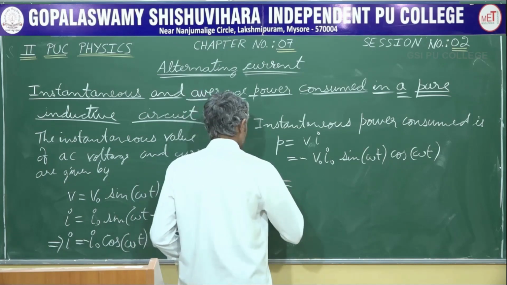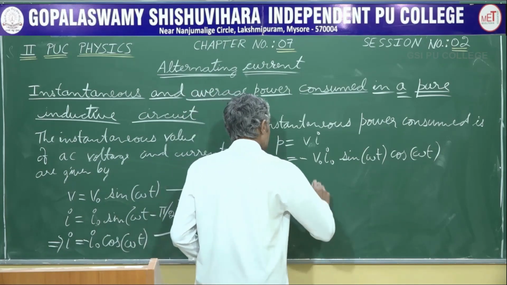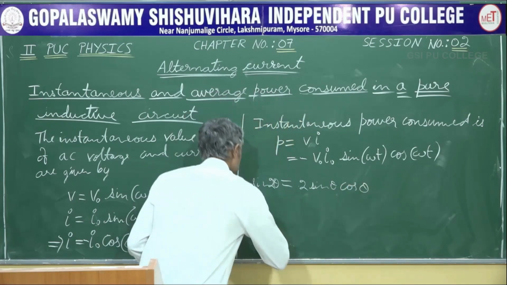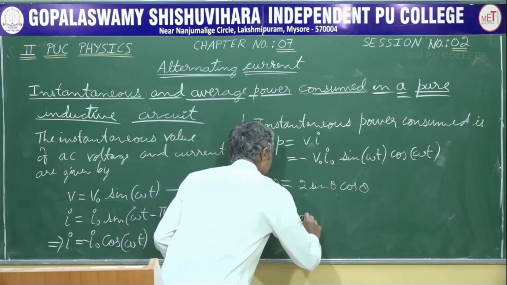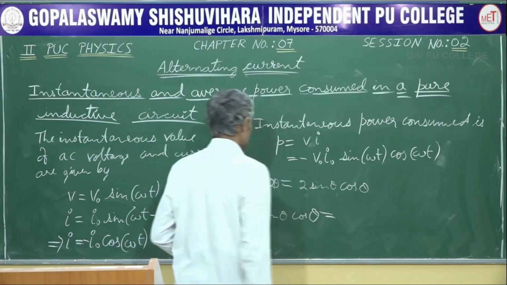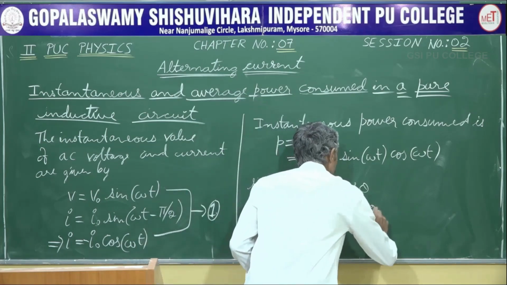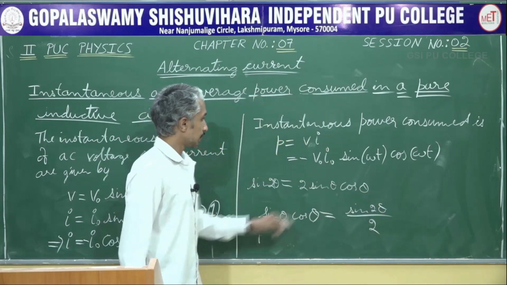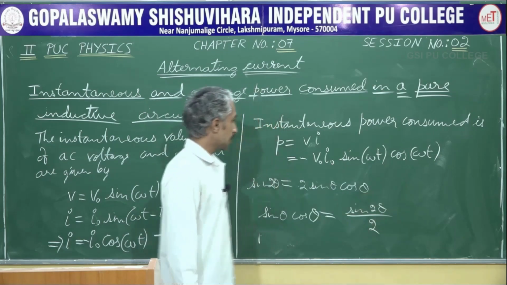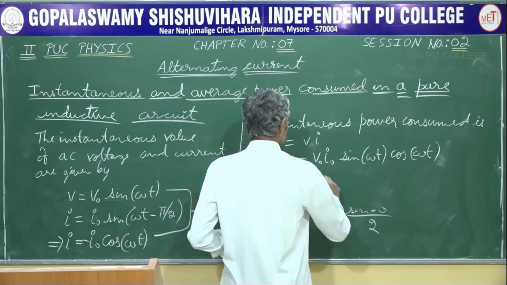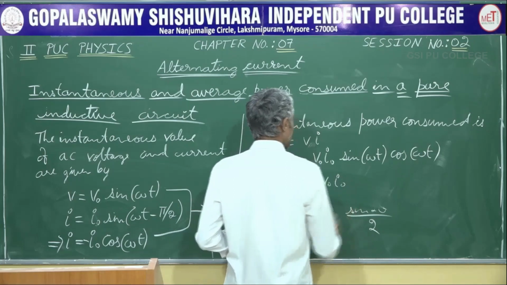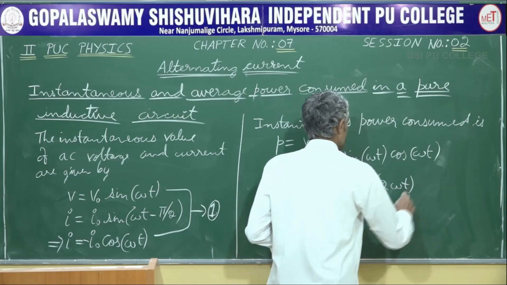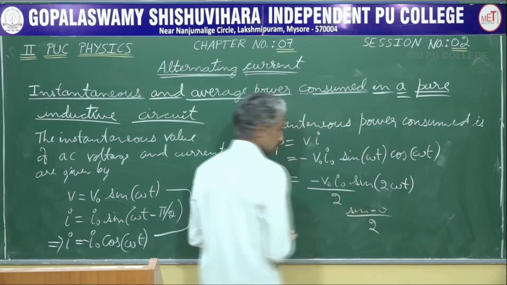Sin 2 theta could be written as 2 sin theta cos theta. If you rearrange this, sin theta into cos theta can be written as sin 2 theta by 2. So, similarly, here sin omega t into cos omega t can be written, giving minus of V naught into I naught into sin of 2 omega t divided by 2.